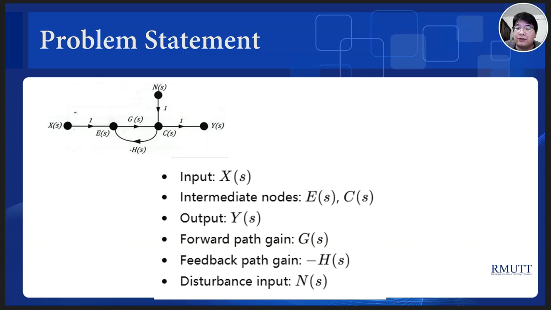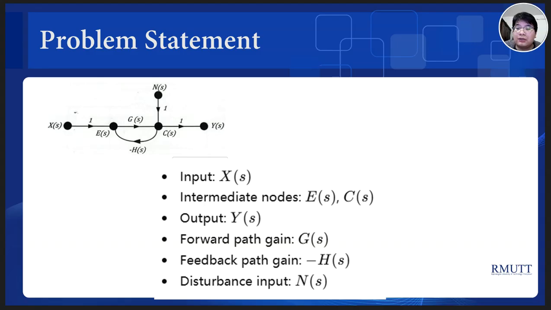In this graph, the input is X(s), and the output is Y(s). There are also two important intermediate nodes, which are E(s) and C(s).